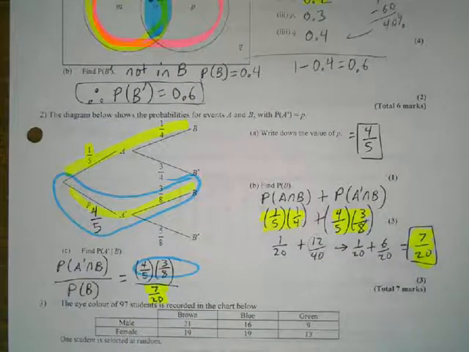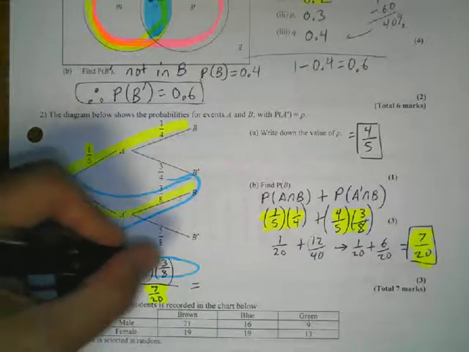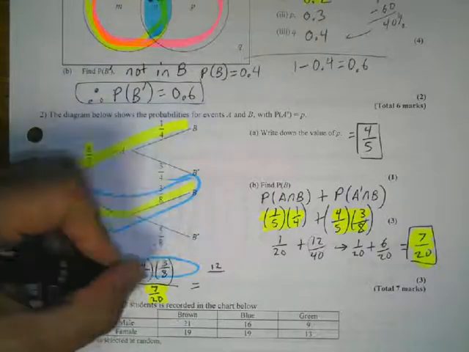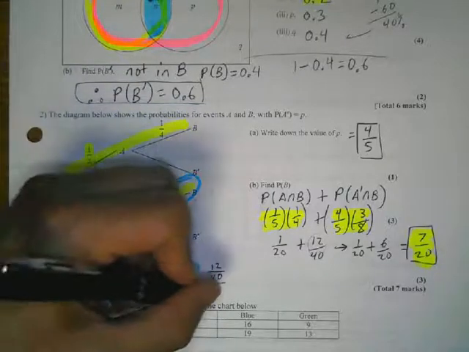Okay, let's simplify this blue numerator. 4 times 3 is 12. 5 times 8 is 40 over 7/20.